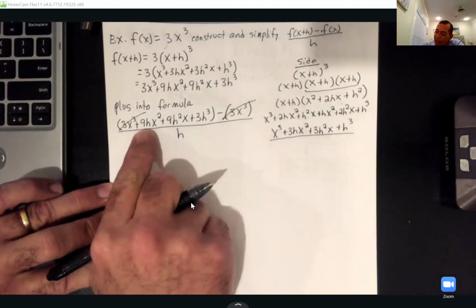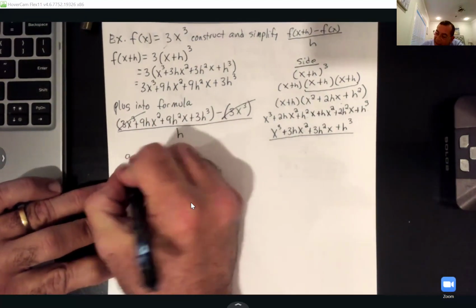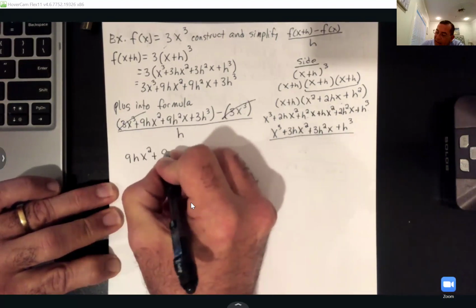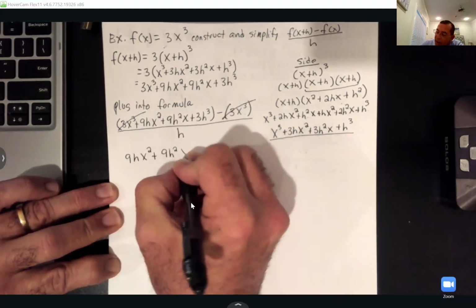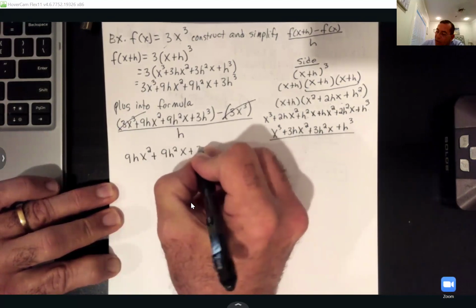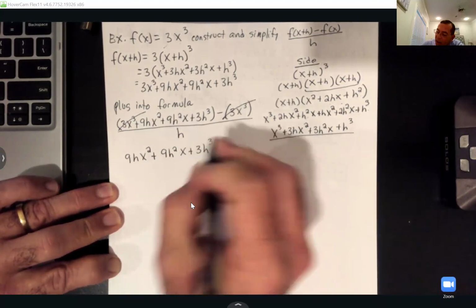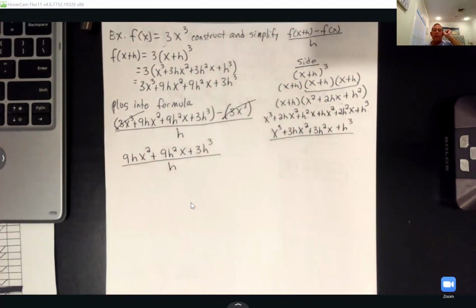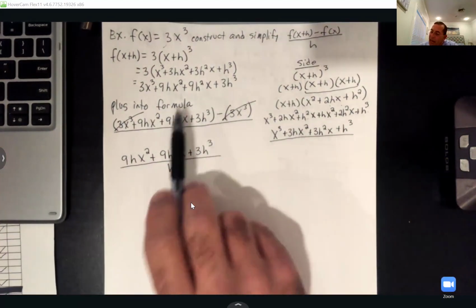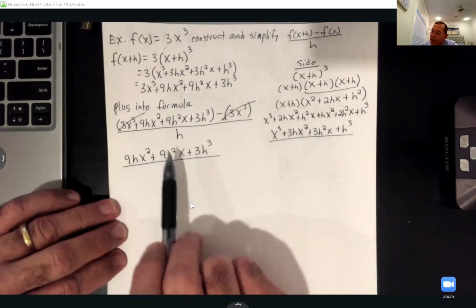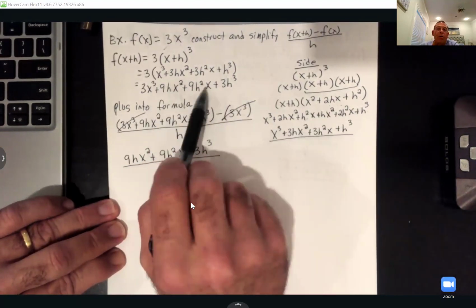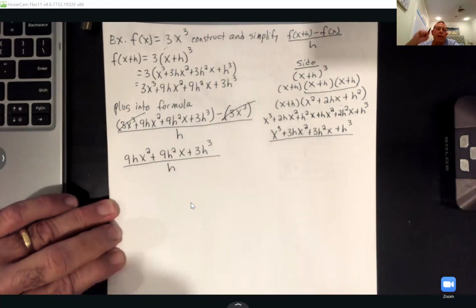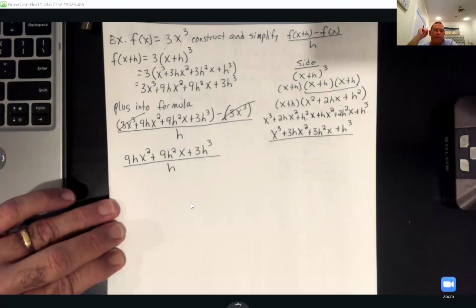So y'all, let's see what we got left. 9hx squared plus 9h squared x plus my 3h to the third, all over h. Now, the trick on these like terms is to keep up with the exponents on these variables, okay? All right, y'all, so let's see.